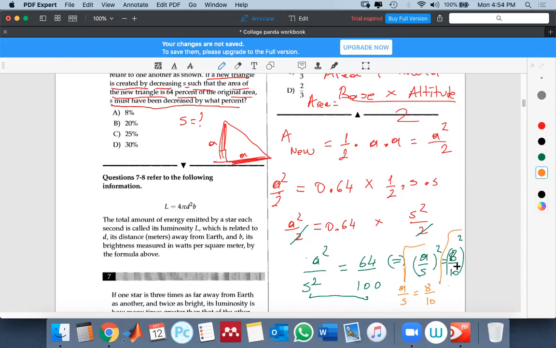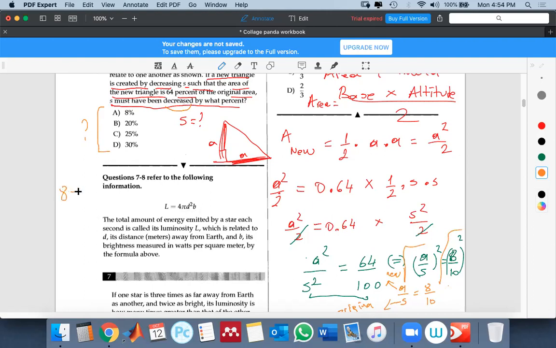Okay? Now, my dear students, the tricky part of the question is here. Be careful now. S was the original side. A is the new side. So how many percent do we decrease S to get A? So 10, how many percent should be decreased to get 8?